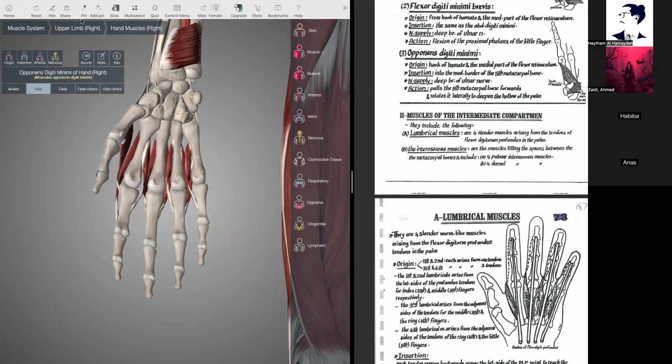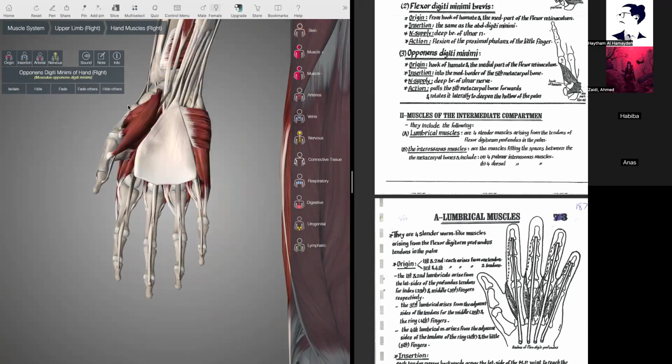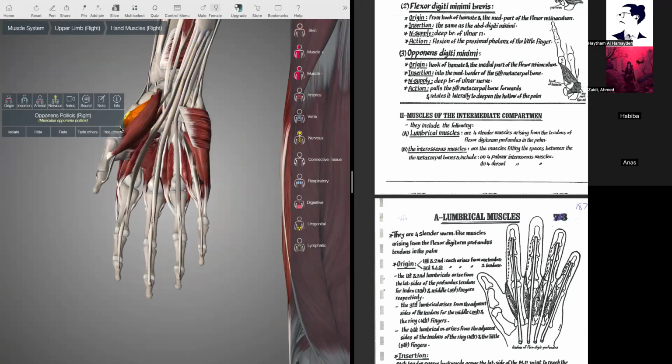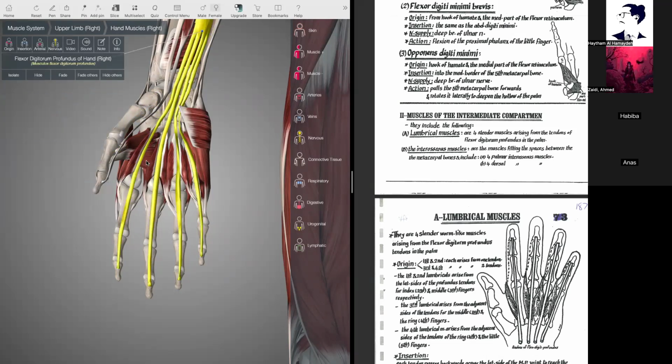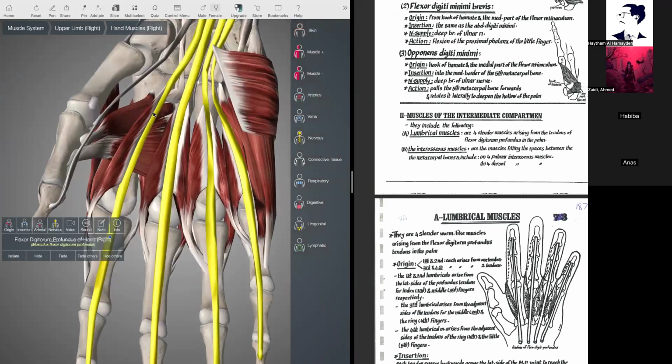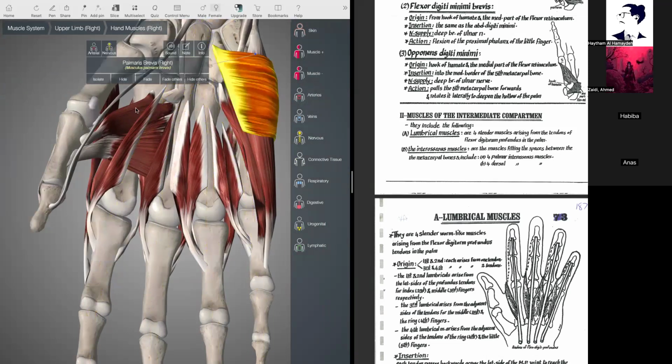And now I want to show you, sorry, just give me a second. I'm going to show you only the lumbricals and how they are situated, because now we're at this stage. First muscles that we took in the intermediate compartment. And look, lumbricals arise from the tendon of digitorum profundus, the deep one. So I'm going to hide it. Now what's left to us is the lumbricals.